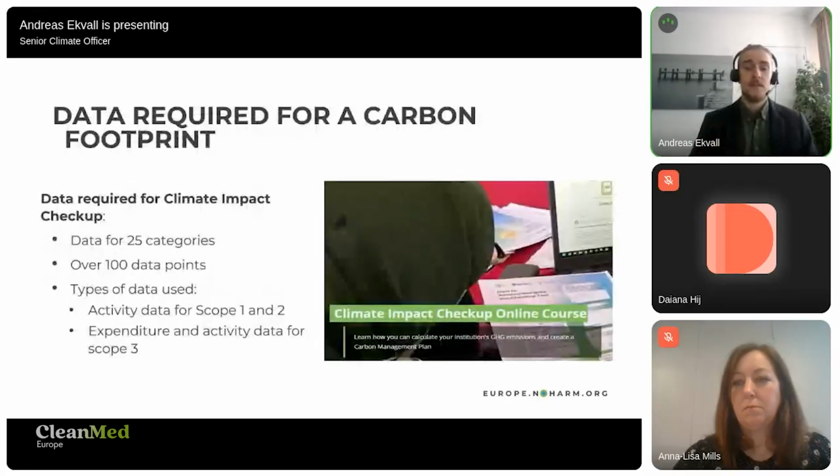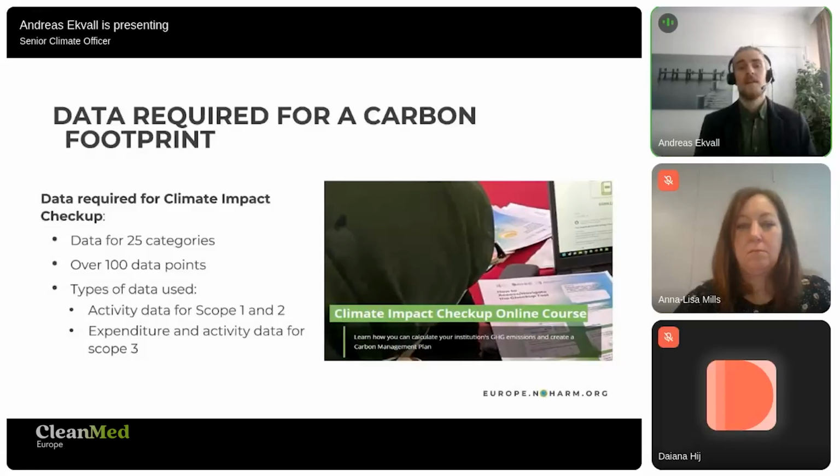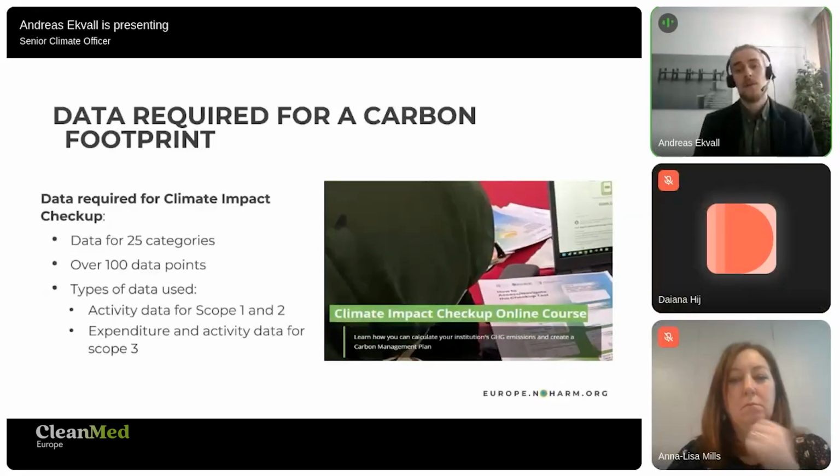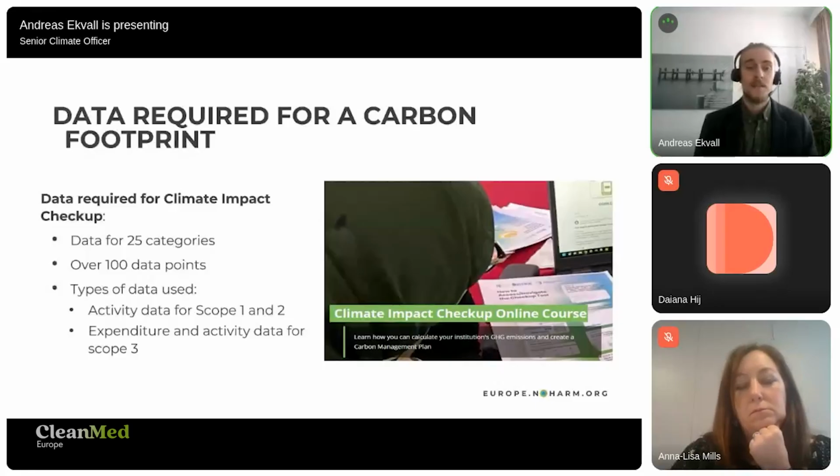Calculating a carbon footprint using Climate Impact Checkup, which is Healthcare Without Harm's carbon footprint tool, requires data across 25 distinct categories, totaling over 100 individual data points, which can be lower or higher depending on the complexity of your emission sources.